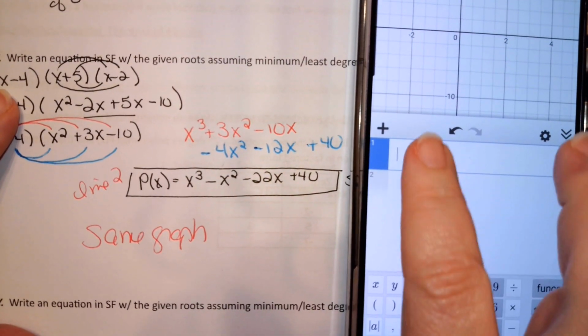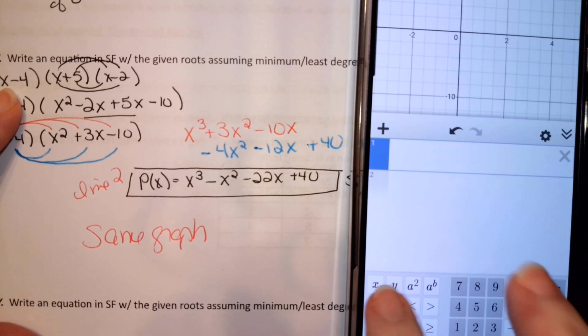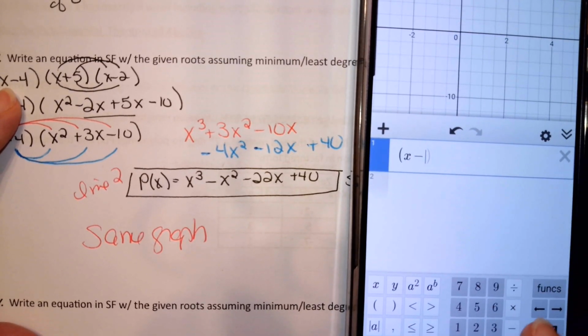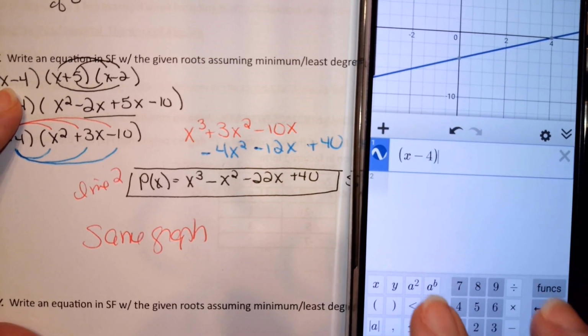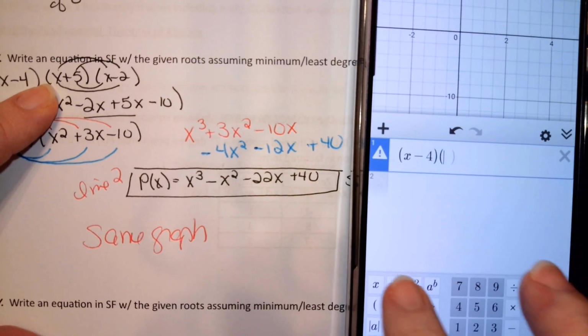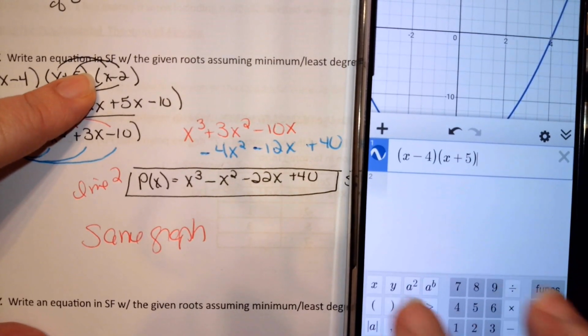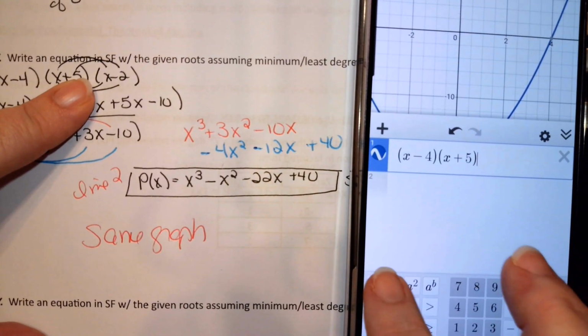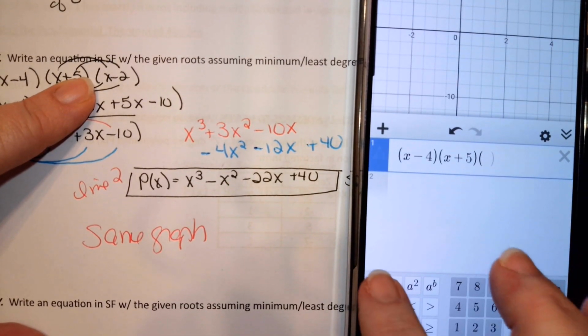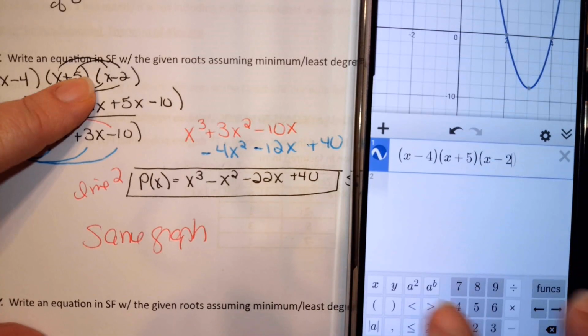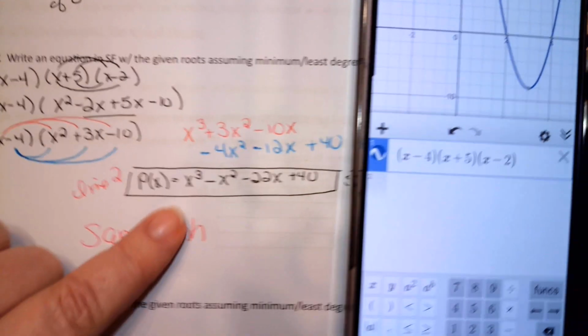Alright, so let's put in our factor form first. We've got x minus 4 times x plus 5 times x minus 2, right?